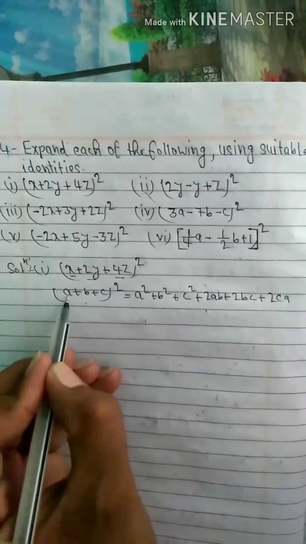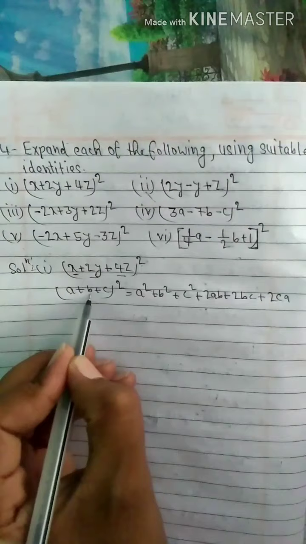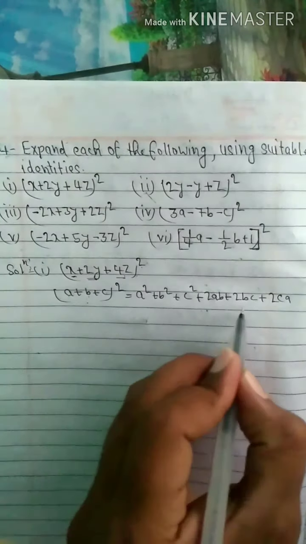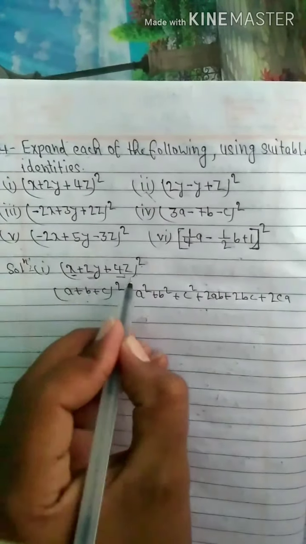So now at the place of a here is x, b is 2y and c is 4z. So now using these identities, expand this whole square.